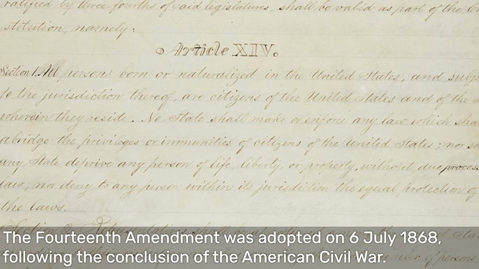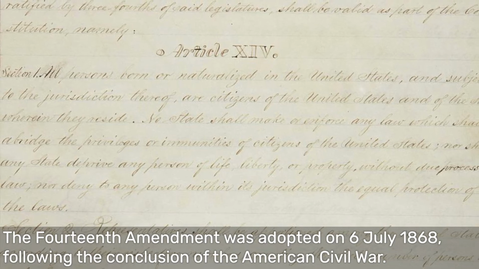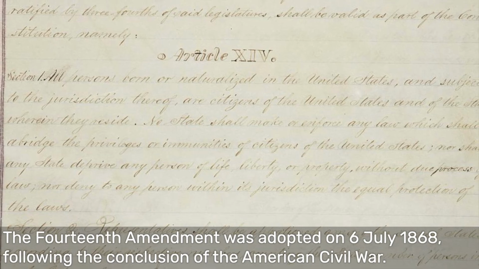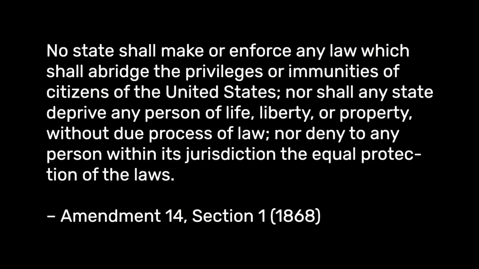Only 3 amendments have somewhat increased the powers of the federal government. The first is the 14th Amendment of 1868, which was adopted mainly to protect the rights of African Americans liberated from slavery by the Civil War. Among other things, this amendment states that, quote, "No state shall make or enforce any law which shall abridge the privileges or immunities of citizens of the United States, nor shall any state deprive any person of life, liberty, or property without due process of law, nor deny to any person within its jurisdiction the equal protection of the laws."